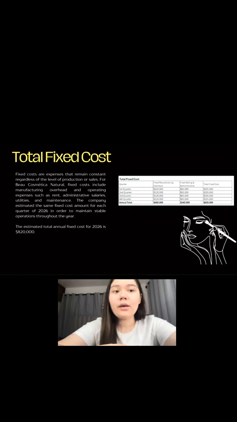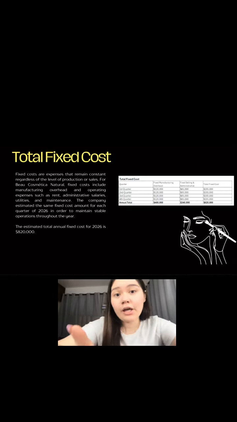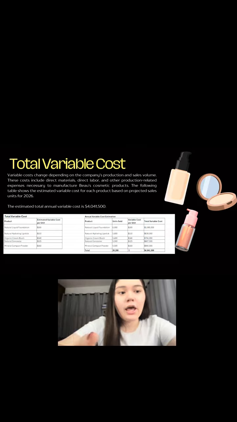These estimates are important because they help our company to calculate contribution margin and determine profitability. As we can see on the slide, it is the table with all the products, unit sales sold, variable cost per unit, and total variable cost. All our products and their cost.